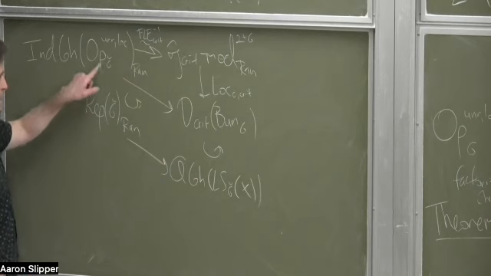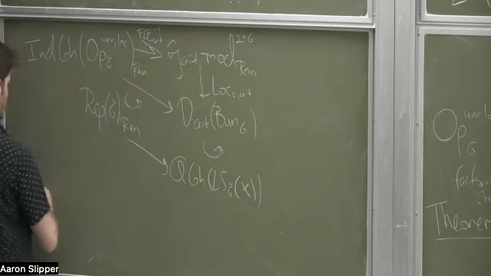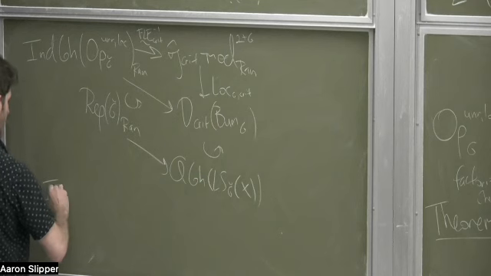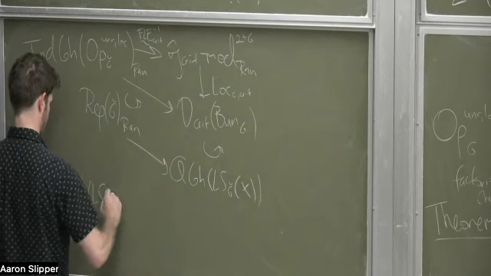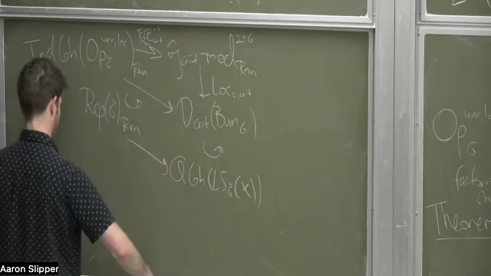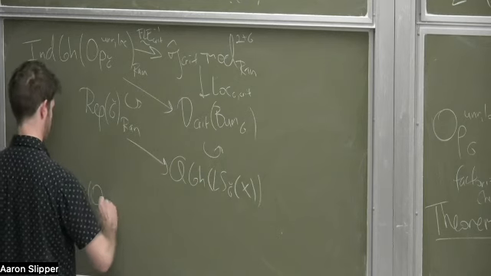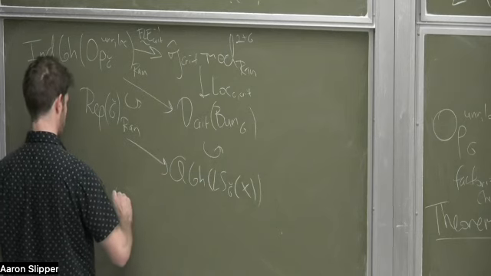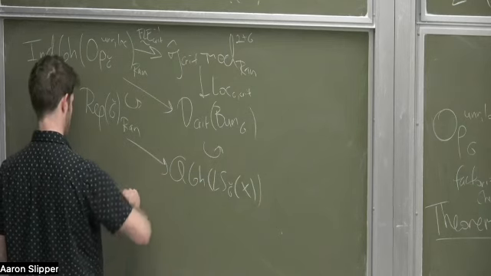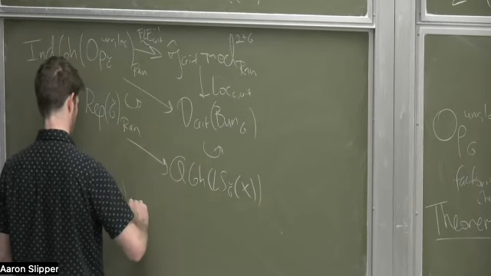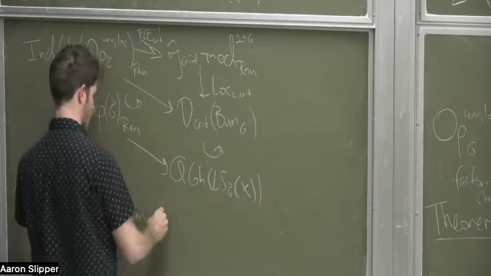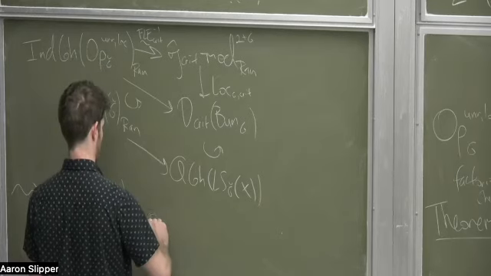And so what this tells us is that this functor factors through the following tensor product.